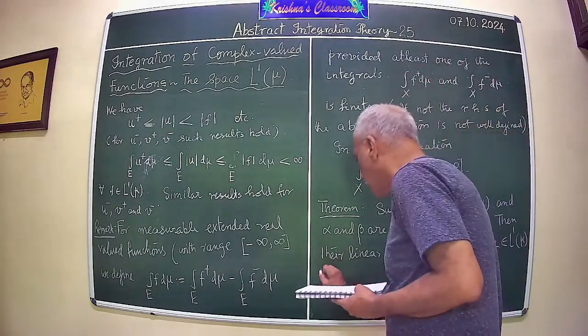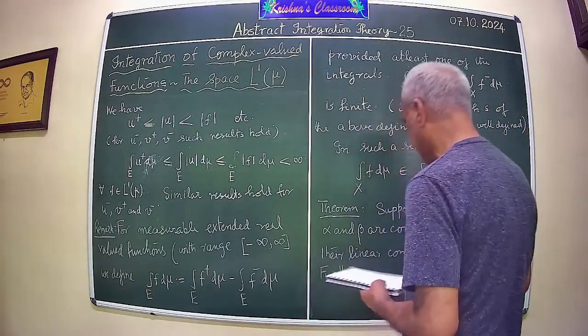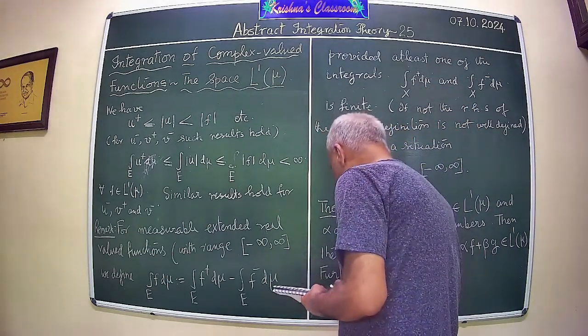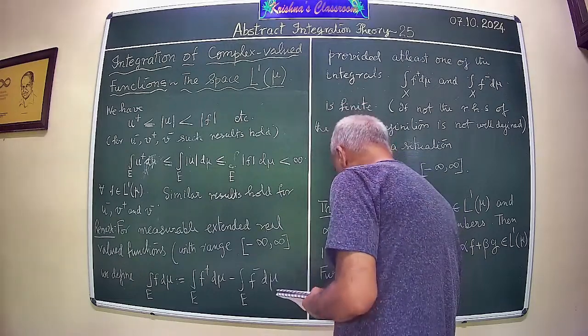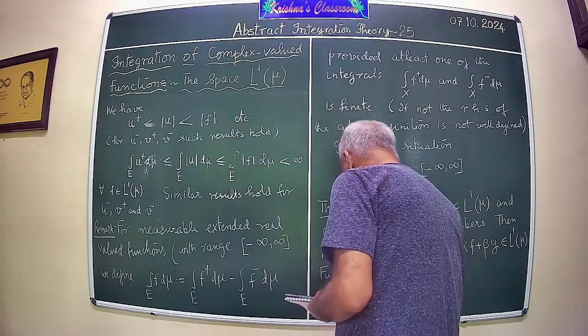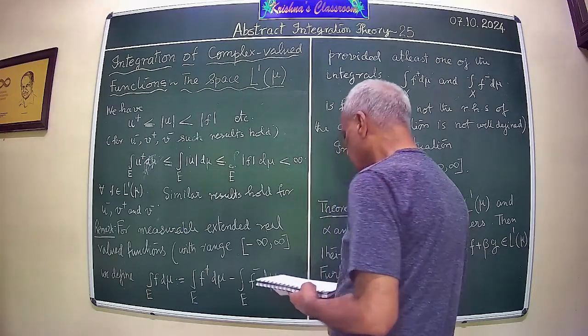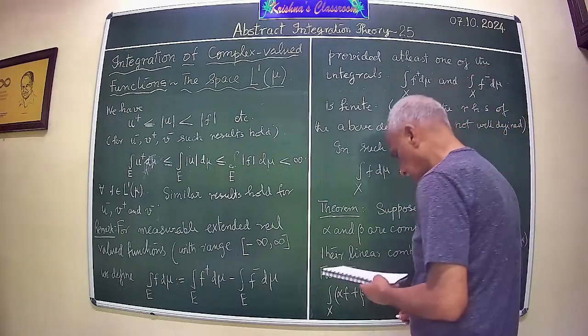Further, what is that integral? That's what we have to say. Further, the integral of alpha f plus beta g. In fact, this is true for any measurable subset E of X, E mu.